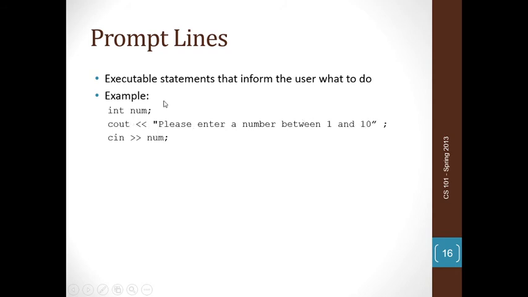So when the programmer runs the program, the output will be: please enter a number between 1 and 10. So the user will know what value he has to enter. When the user enters any value between 1 and 10 and presses the enter key, that value will be assigned to this number. So that value will be stored in this number.